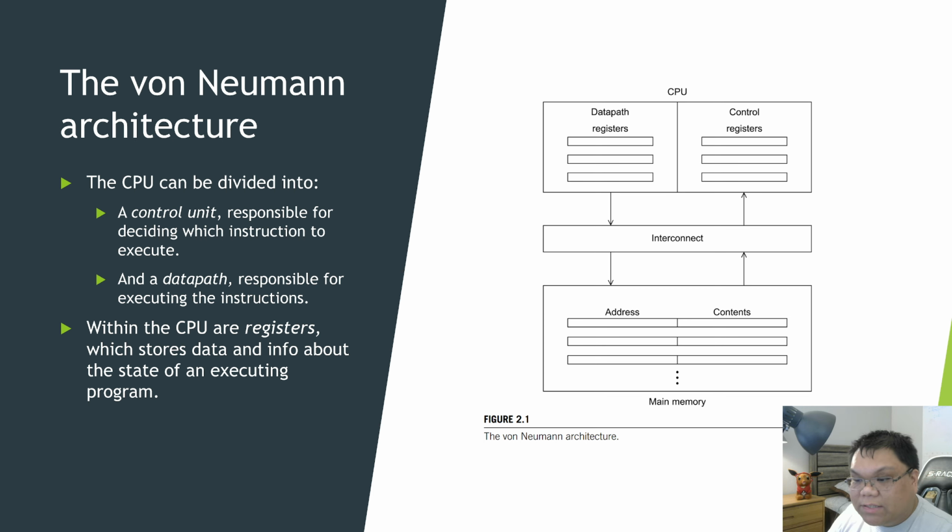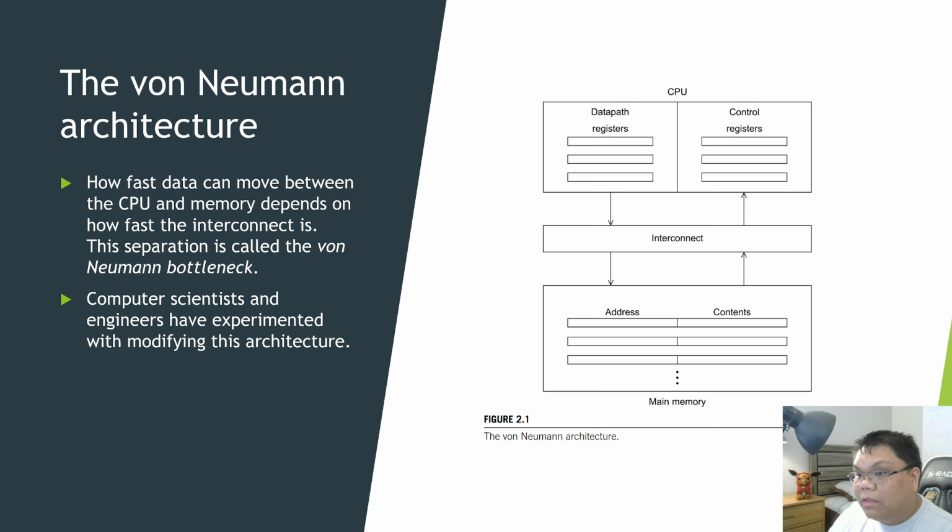Within the CPU are registers. These store data and information about the state of an executing program. So how fast data can move between the CPU and memory depends on how fast that interconnect is. A classic problem with the CPU and memory is that if the CPU tries to access something from memory, it's going to take several clock cycles.